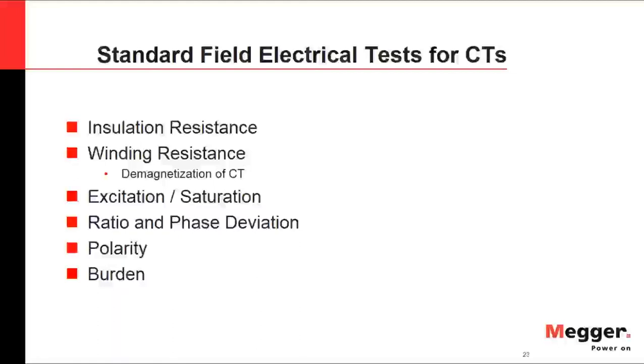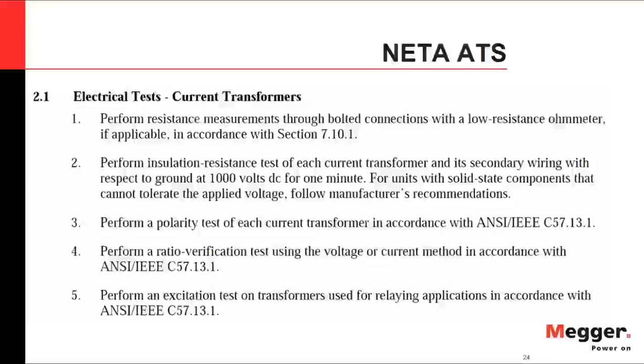First of all, when we are looking into the NETA standard, you can clearly see here that it's requesting resistance measurements or contact resistance measurement, insulation resistance test not to exceed 1,000 volts, polarity test, ratio verification test, and excitation test.